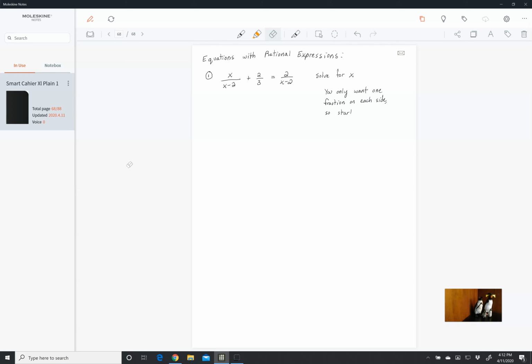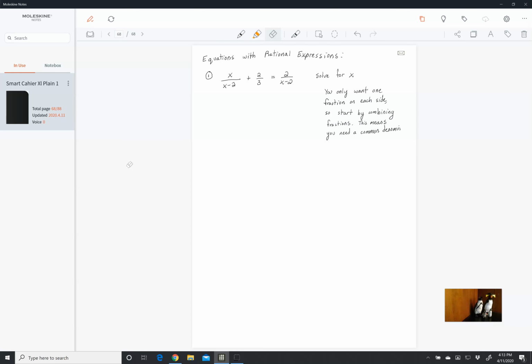So you're going to start by combining fractions. In this problem, and in I think every problem that we're going to be doing, you only have to work with one side at the beginning. Okay, to do this, you need a common denominator. And the biggest difference is you want a common denominator for all fractions, not just the fractions on one side.